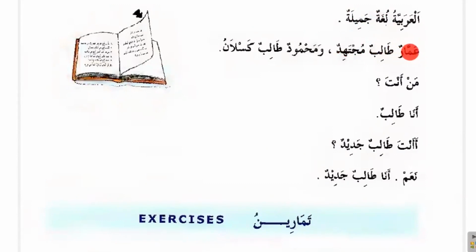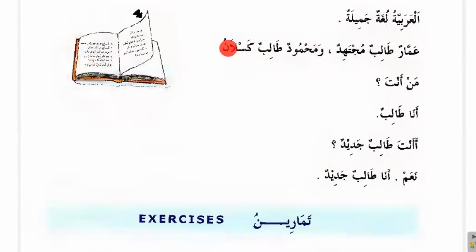Ammar is the name of someone. Talibun mujtahidun is a hard-working student. Mujtahidun means hard-working. "Wa Mahmudun talibun kaslanu." And Mahmud is a lazy student.